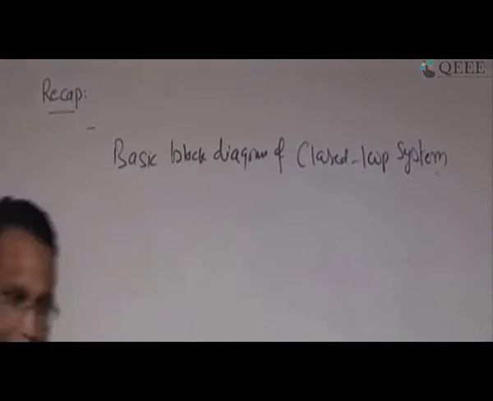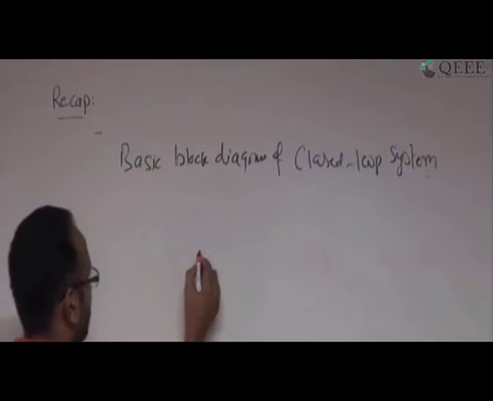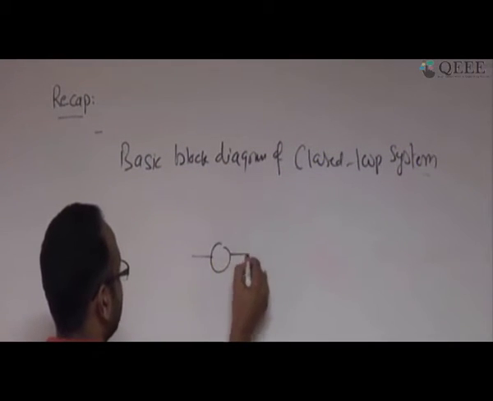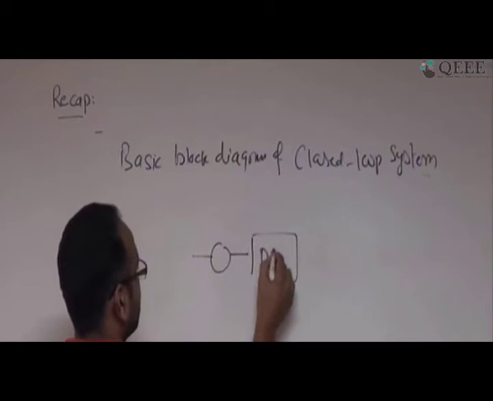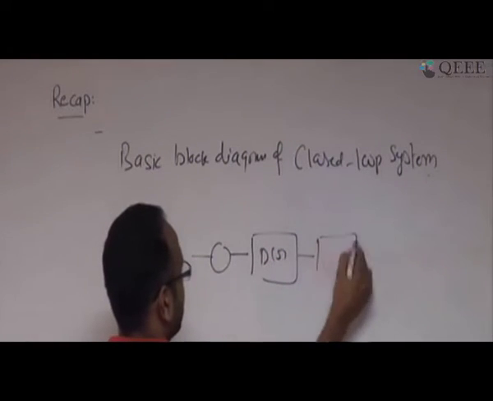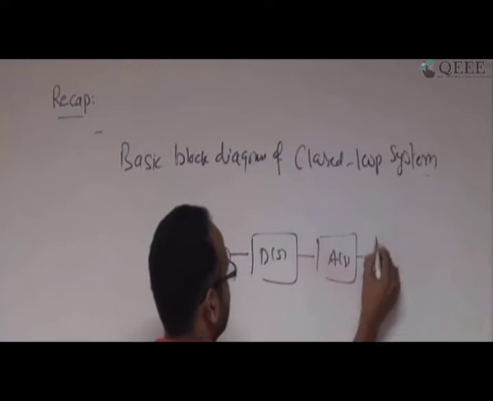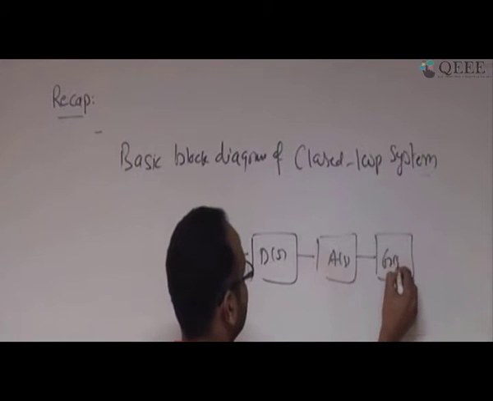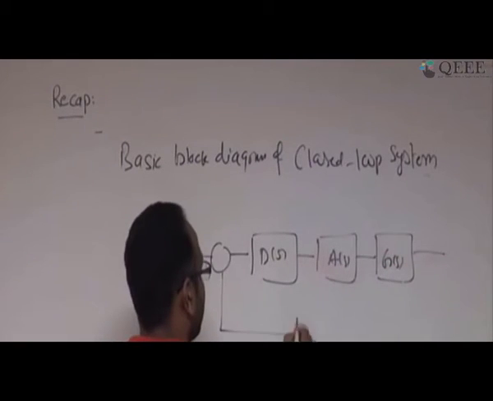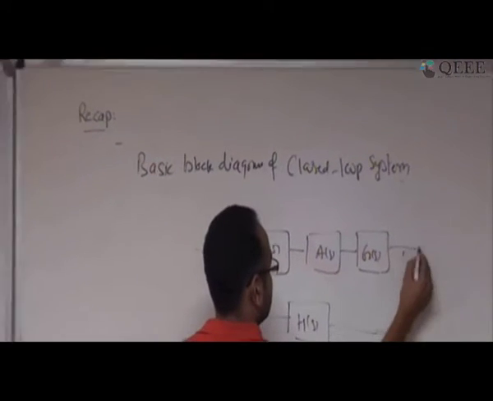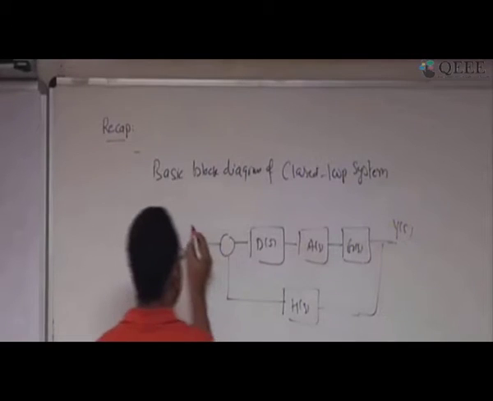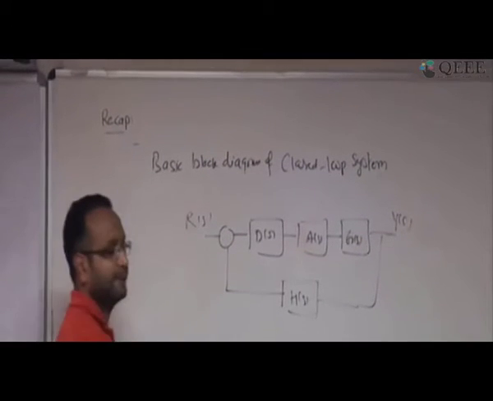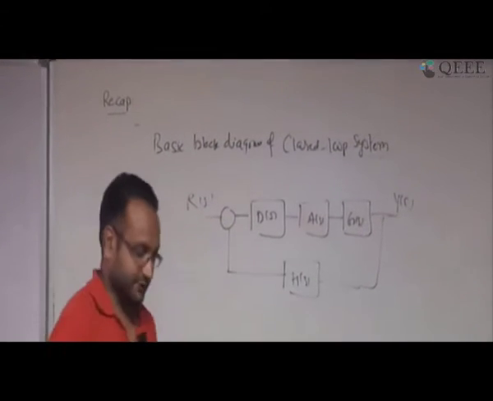Any control system will have a controller D of S, then an actuator, a plant, and a feedback element, and there is an output and an input. This is a typical block diagram for any control system.